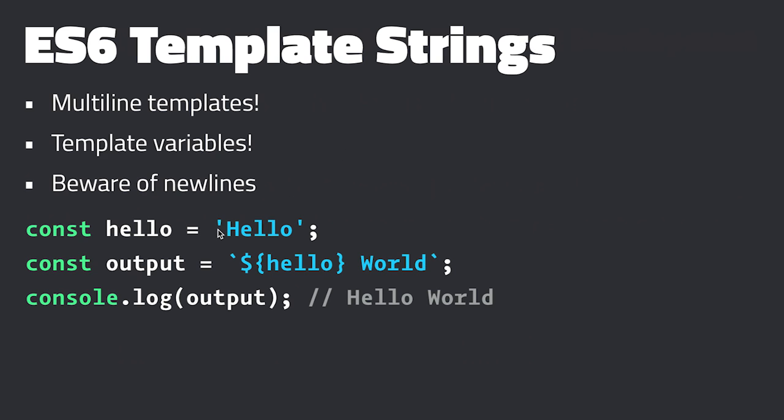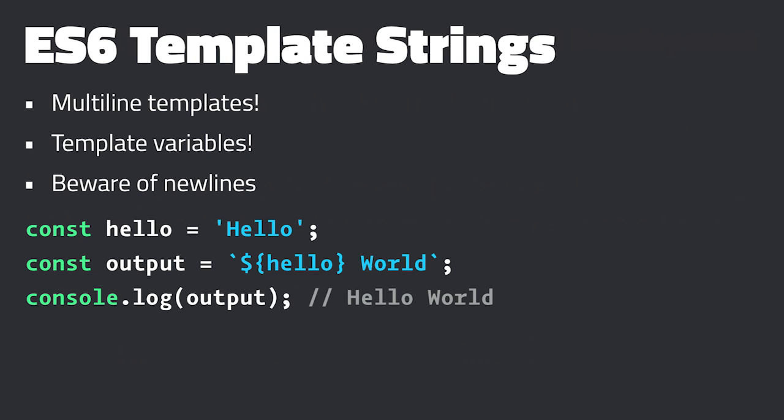So we could declare this hello variable, which is going to have a classic string constant in it, or a string literal. And then we have an output variable that we've set up here. And then this little $ sign squiggly syntax lets us actually embed these variables into our output string. And we can avoid all the concatenation with plus and whatnot, which made things like error messages ugly.